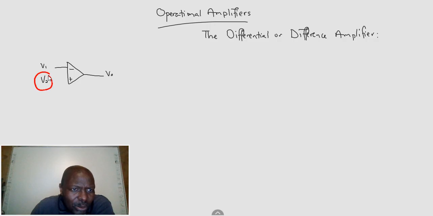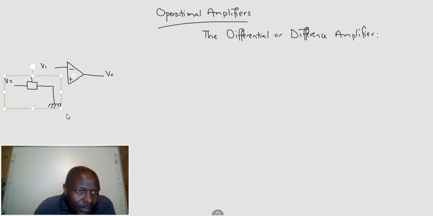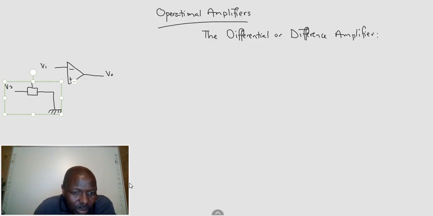We could have a scenario where there is my V2, but I want to be able to vary the reference voltage. We call this the reference.